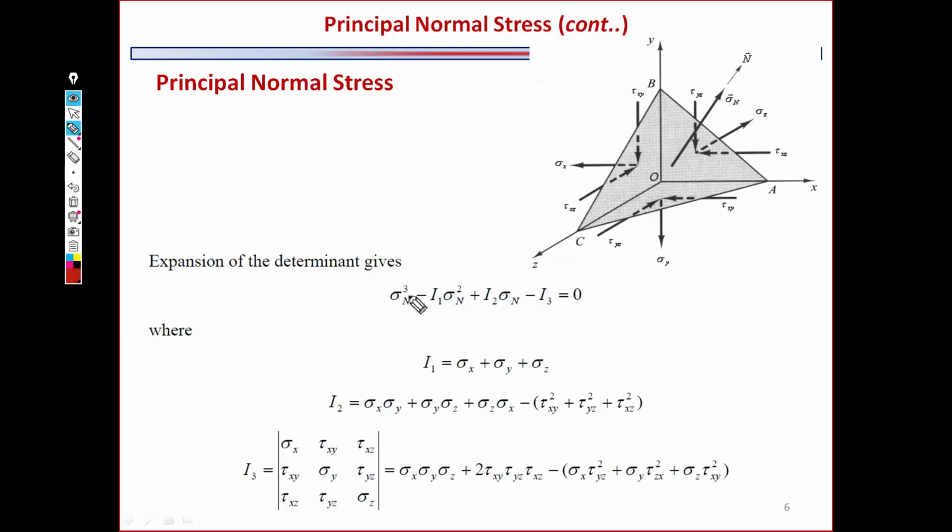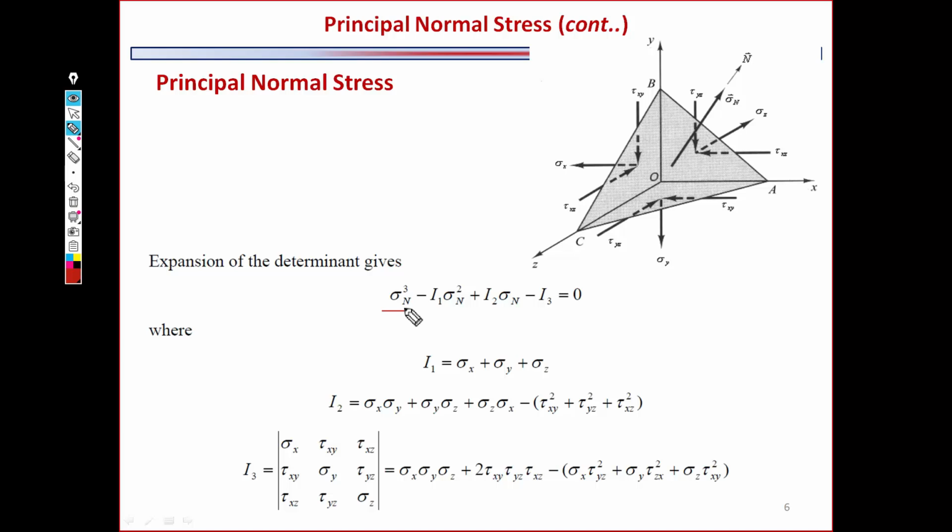If we solve this cubic equation, we will get three values of the principal normal stresses. The first one is represented by sigma 1, the general notation for the maximum principal normal stress. Sigma 2 represents the intermediate principal normal stress, and sigma 3 represents the minimum principal normal stress.